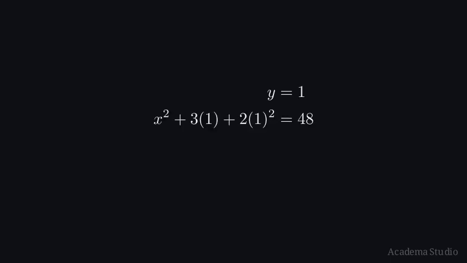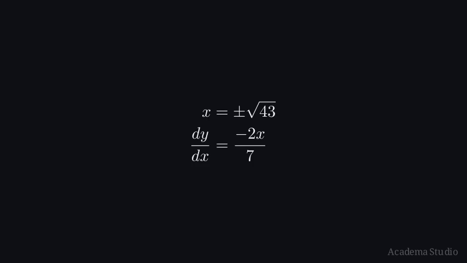x squared plus 3(1) plus 2(1) to the power of 2 equals 48. x squared plus 5 equals 48. x squared equals 43. x equals plus or minus the square root of 43. The derivative of y with respect to x equals negative 2x over 7.